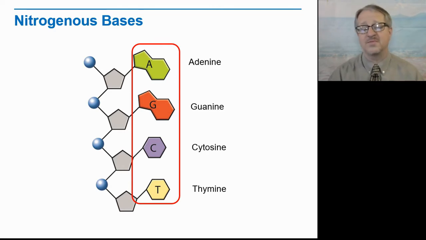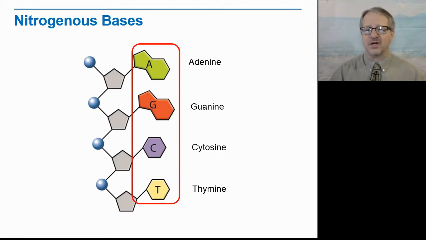But now we're going to be specific as to which nitrogenous base is contained in each of these nucleotides. The different nitrogenous bases are adenine, guanine, cytosine, and thymine. They are typically represented by a single letter, the letter that the word starts with. So adenine is known as the letter A, guanine is known as the letter G, and so forth.